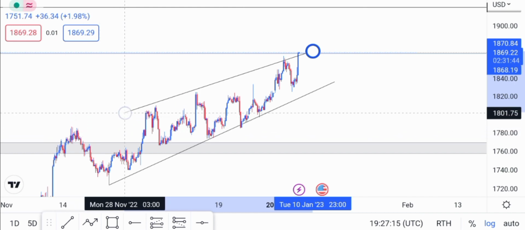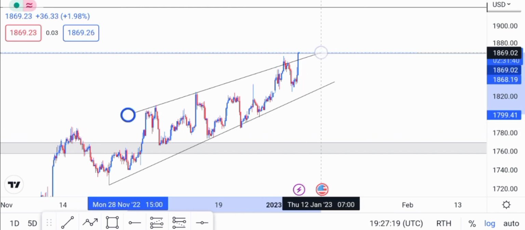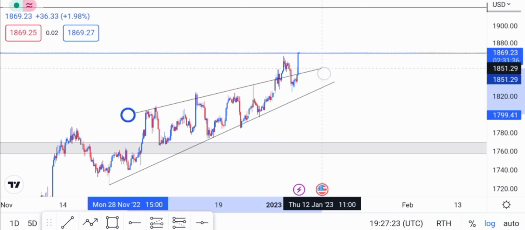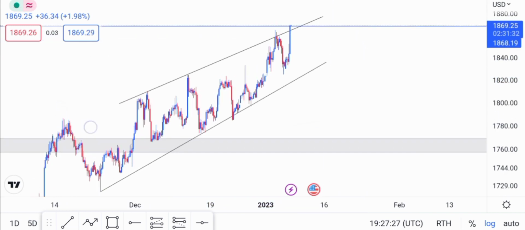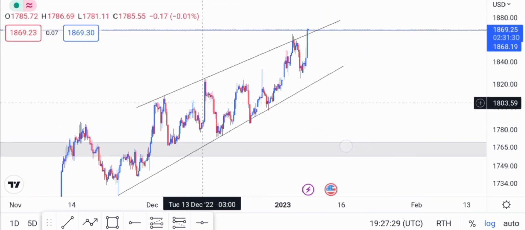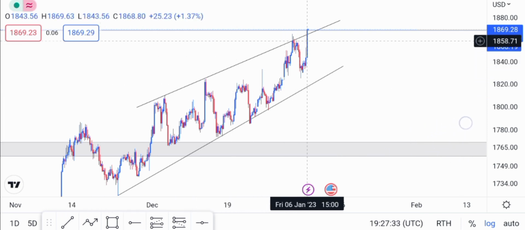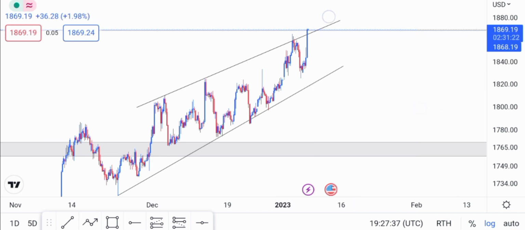I'll just put it right over here, guys, so you can cater for most of the touches. If you look closely, guys, we had our first touch, second touch, and the third touch right over here, and as you can see, the market is breaking out of this pattern right over here.